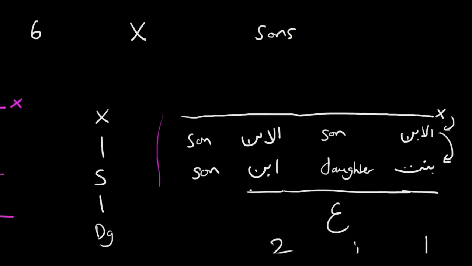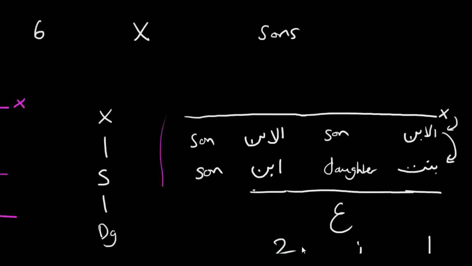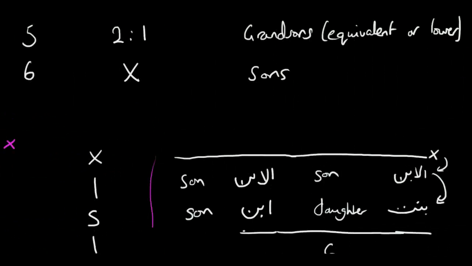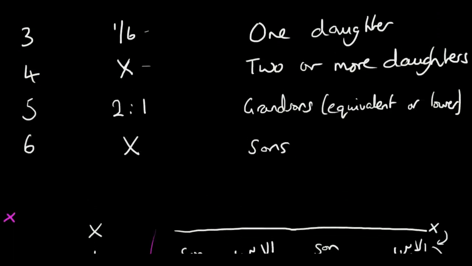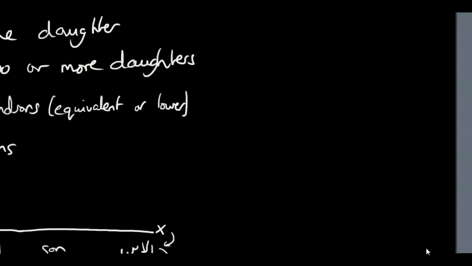When the grandson is actually lower, then he will make the granddaughter into an asaba, and they will get in a 2-to-1 share. So that's what it means by number 5, where you have grandsons who are equivalent or lower, then they will receive a 2-to-1 share. And the final example is where you have a son.